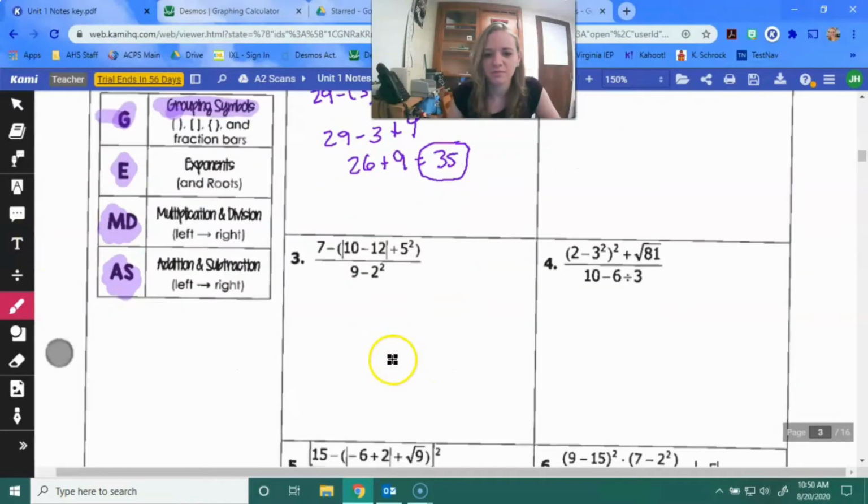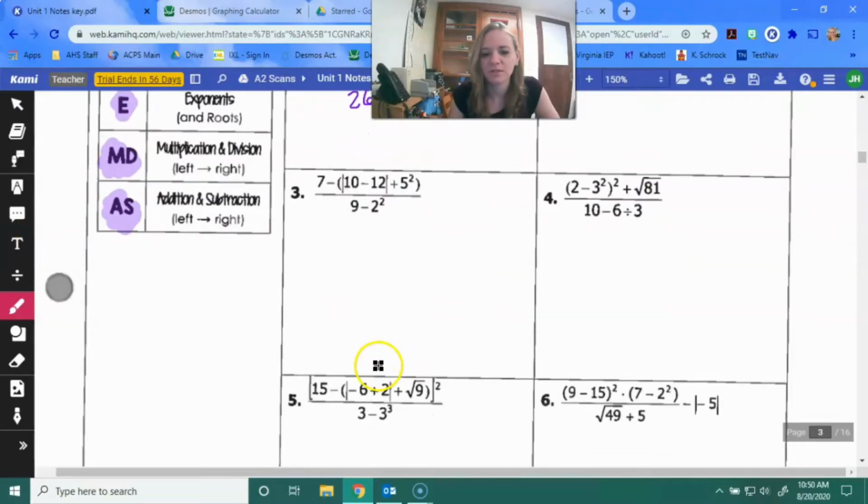Let's scroll down. We're going to do this one. Starting with this, which itself is a grouping symbol. I know it's like, oh, that's division. Yeah, but it's also still a group. There's its own group on top and its own group on the bottom.